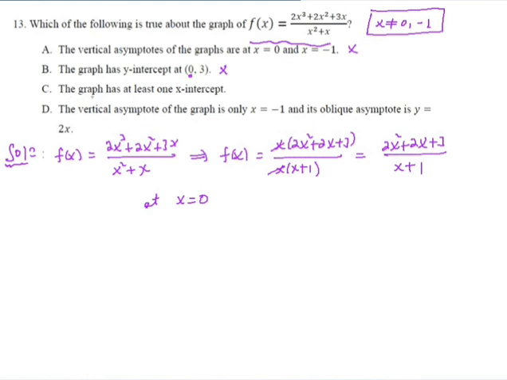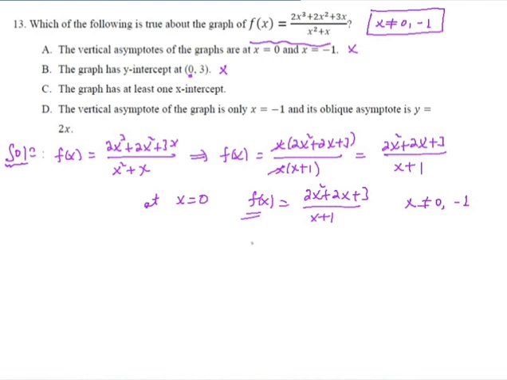The C case: the graph has at least one x-intercept. Let us see. This is our function: f(x) = (2x squared plus 2x plus 3) over (x plus 1), for x different from 0 and minus 1. The x-intercept will be obtained by making y 0.